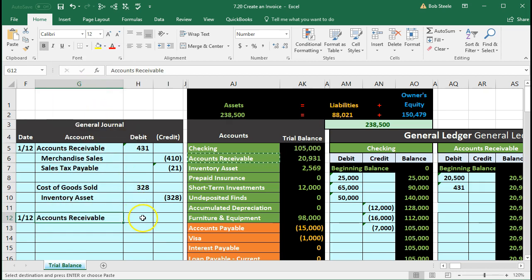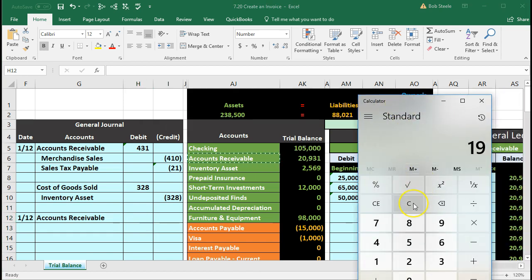The amount that was on the invoice is going to be the full amount, which will include the sales price and the sales tax. Let's do the calculation for that. So our sales price was $380. Sales tax is 5%, times 0.05.